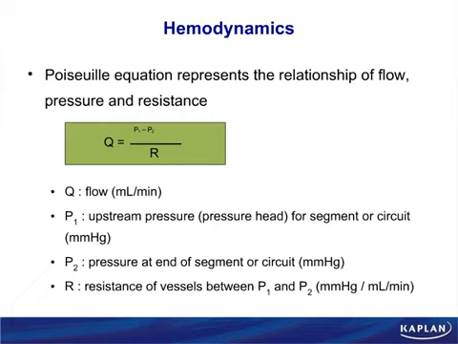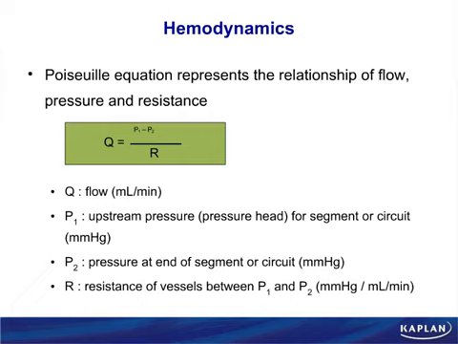In the green box, you see the relationship. Flow is equal to the change in pressure, P1 minus P2, divided by the resistance. P1 we can also call the upstream pressure or pressure head. This is where we're going to have a higher pressure. It always goes from high pressure to low pressure when we're talking about blood flow, and it will also occur with respect to airflow.